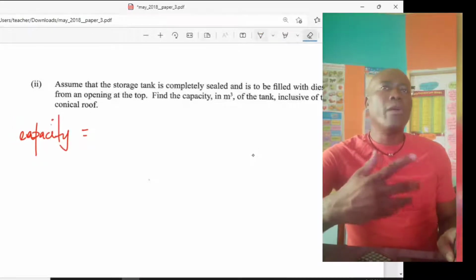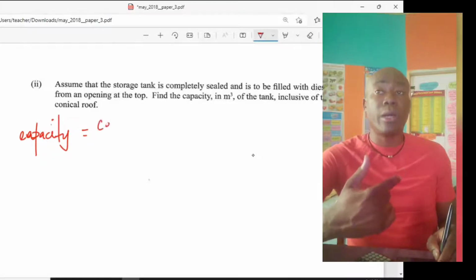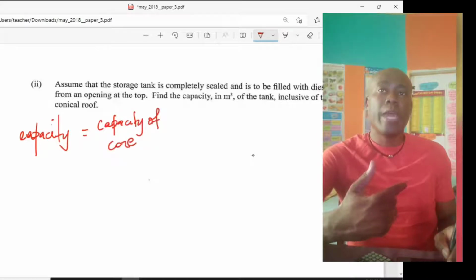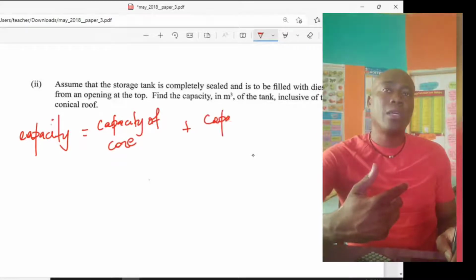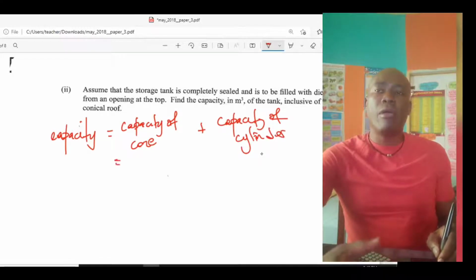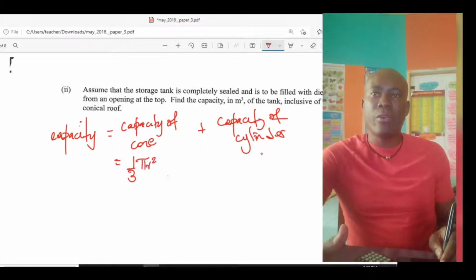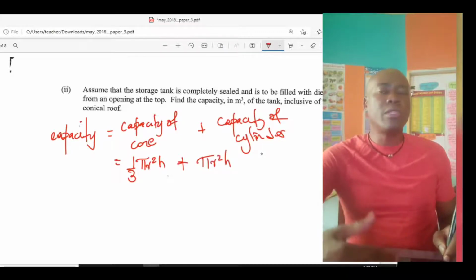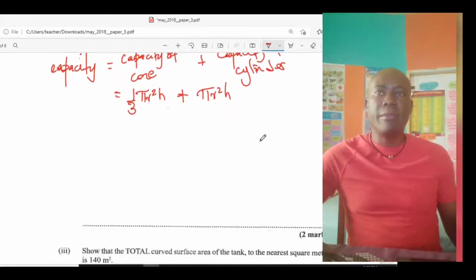We're looking at the cone, and we want to add that to the capacity of the cylinder. Now remember though, for the cone, it's 1/3 pi r squared h, and I'm talking about the conical height, and then this is just pi r squared h. We put those together and then we would have gotten easily our answer.